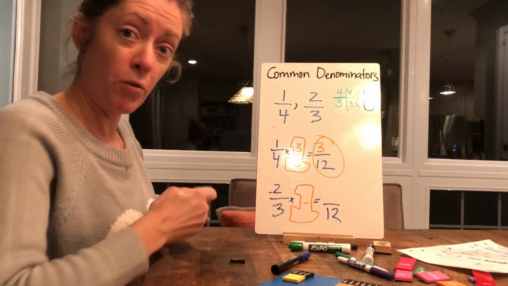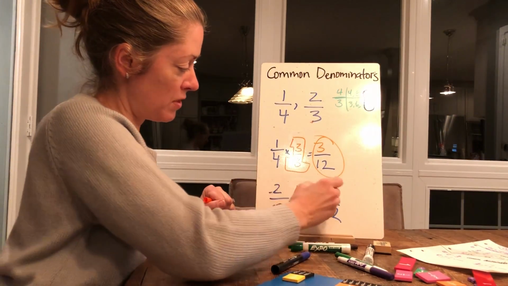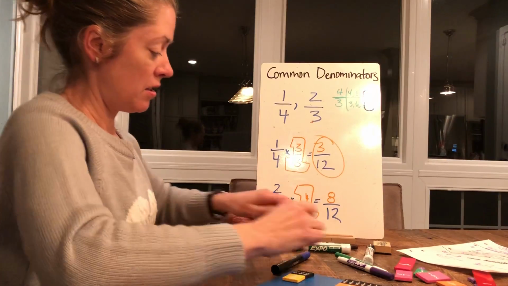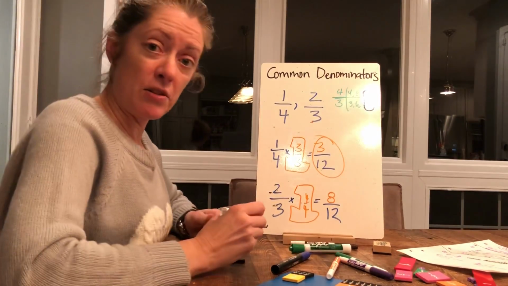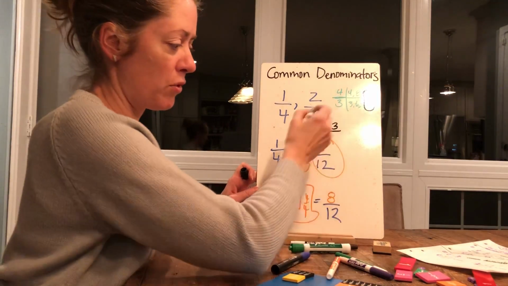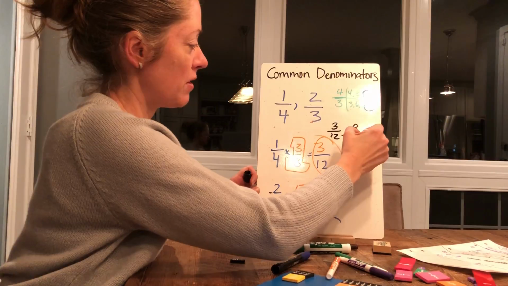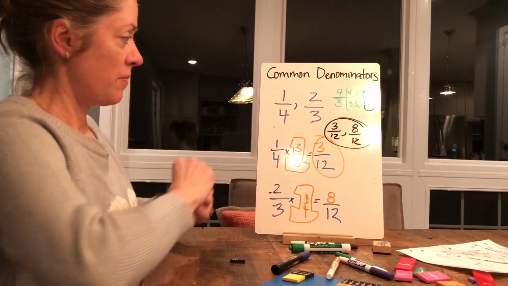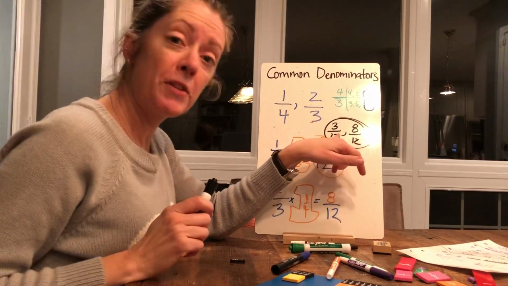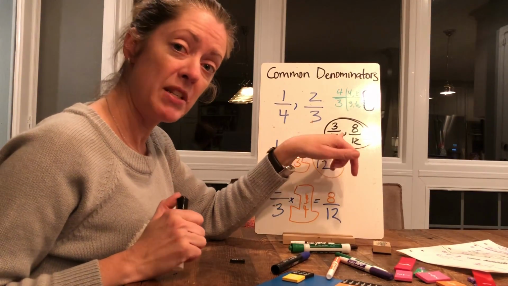Times 4. So we're going to do 4/4. 2 times 4 is 8. So our final answer would be, and I just don't have room to write it, 3/12 and 8/12. Those are two equivalent fractions that have the same common denominator.